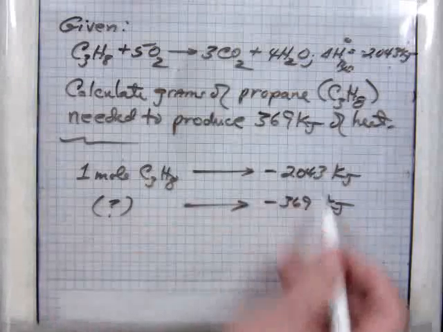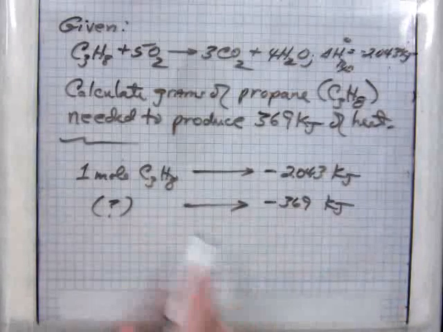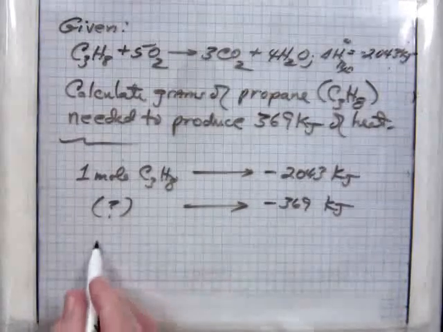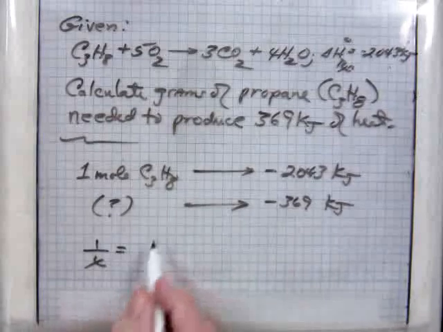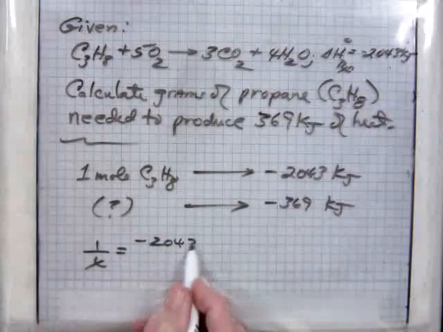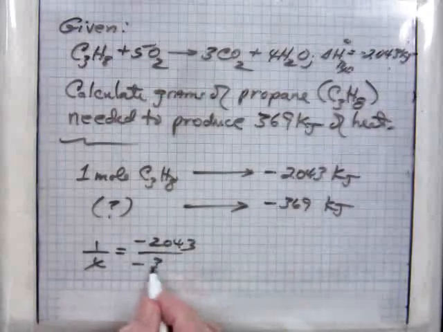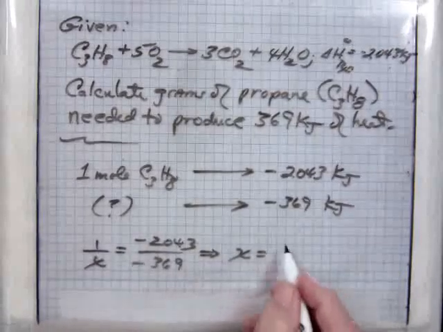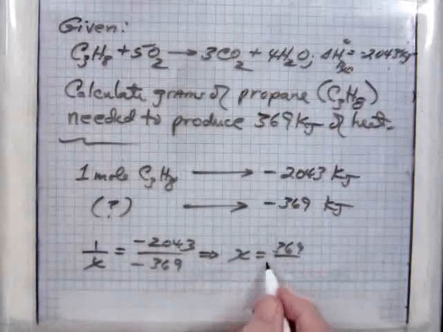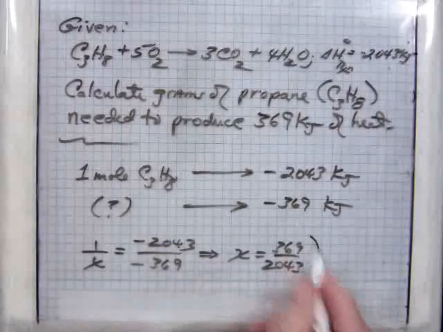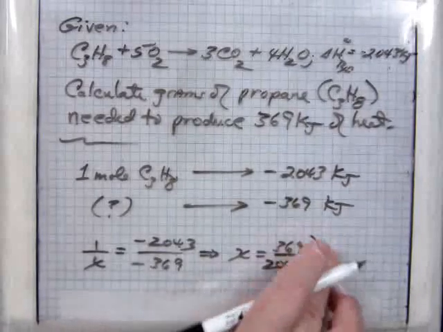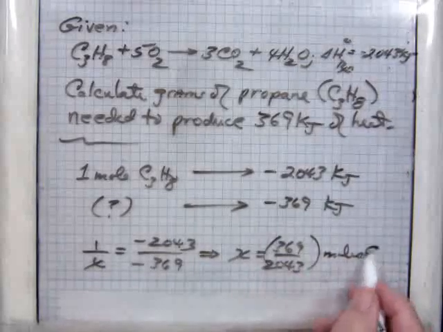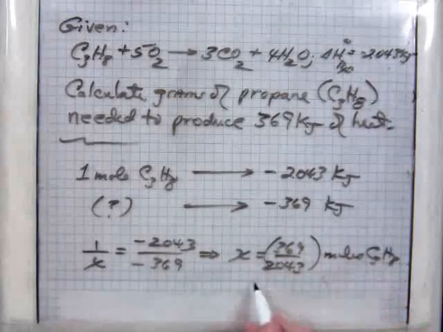Well, this is a nice ratio and proportion. 1 mole gives this much, X gives you 369. So we have 1 over X is equal to minus 2043 over minus 369. This gives us X equal to 369 over 2043, and that'll be in moles of the C3H8.